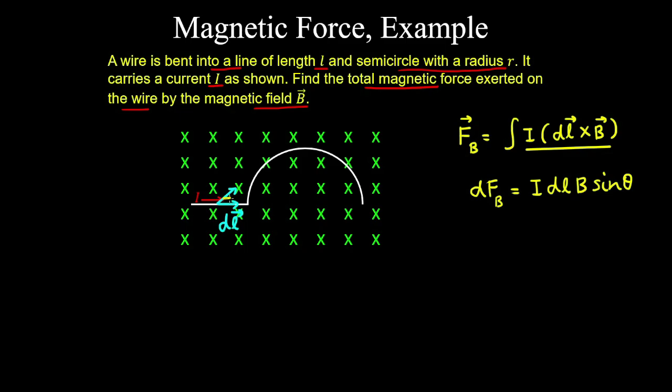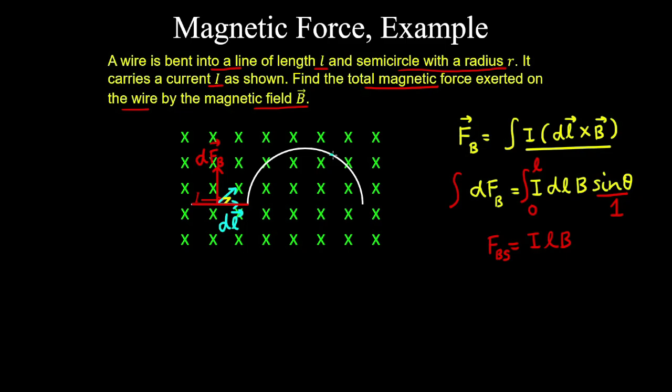So these two vectors are perpendicular, and by the right hand rule, the differential force vector is going to point in the vertical direction. So given that sine pi on 2 is 1, and if we integrate both sides over the length of this straight part of the wire, then we get the magnitude of the force being equal to I by L by B, acting on the straight segment of wire.